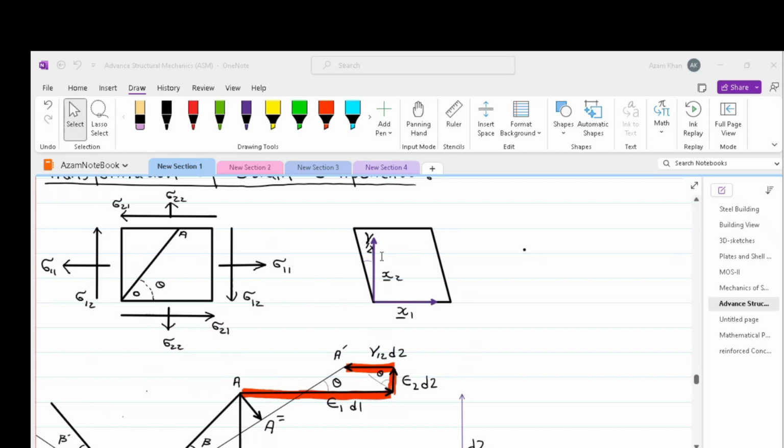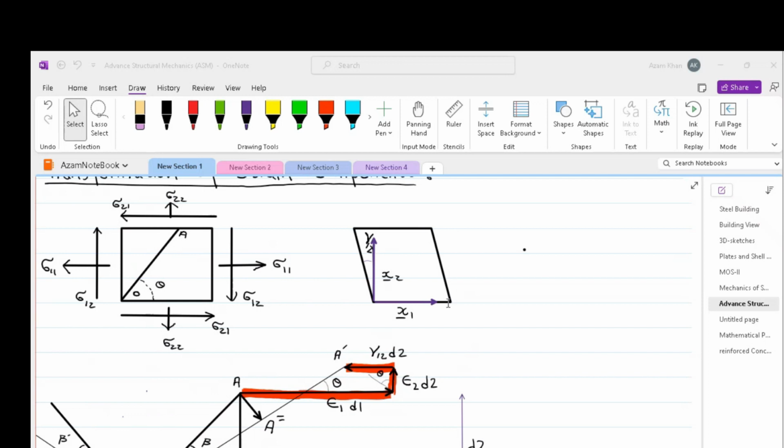As we can see in this figure, the movement towards the left is gamma 1 2 times D2. In other words, this is just tangent theta equals perpendicular by base. Since we are dealing with very small distortion, tangent theta is approximately equal to theta, and theta is gamma 1 2.